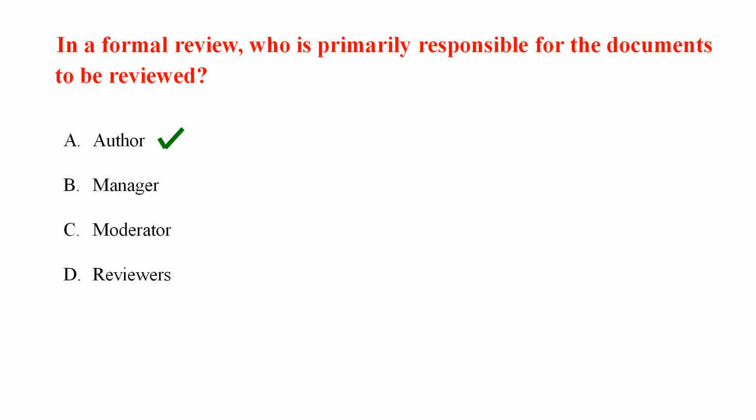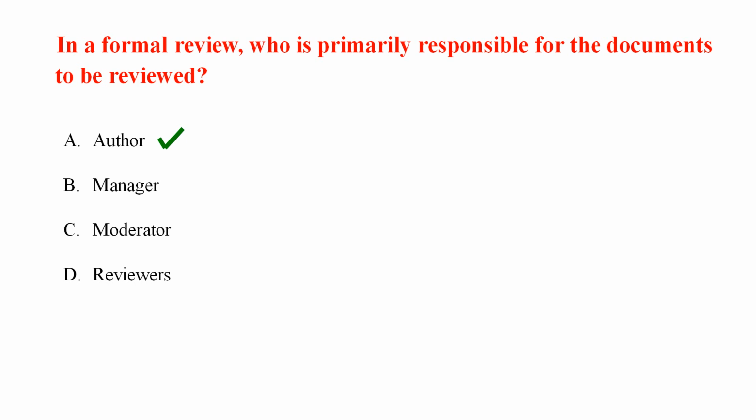After successfully completing the designing or writing of the document, before sharing it with the review team for the review purpose, he will review the document once and then share it for the review process. So that's why the author is the primary responsible person to review the document.